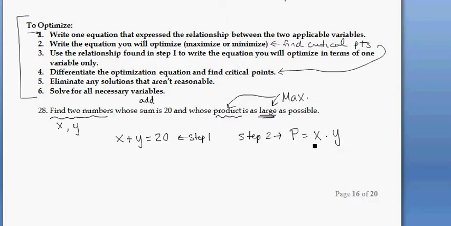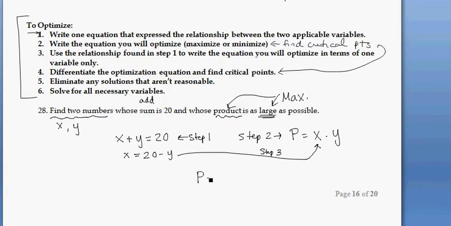Okay, to continue to step 3, we use this fact to rewrite one variable in terms of the other so that x times y is an expression using only one variable. It's equally easy to solve for x or y. Say we subtract y from both sides, we get x equals 20 minus y. I'm going to substitute this in for my x, and this substitution is my step 3.